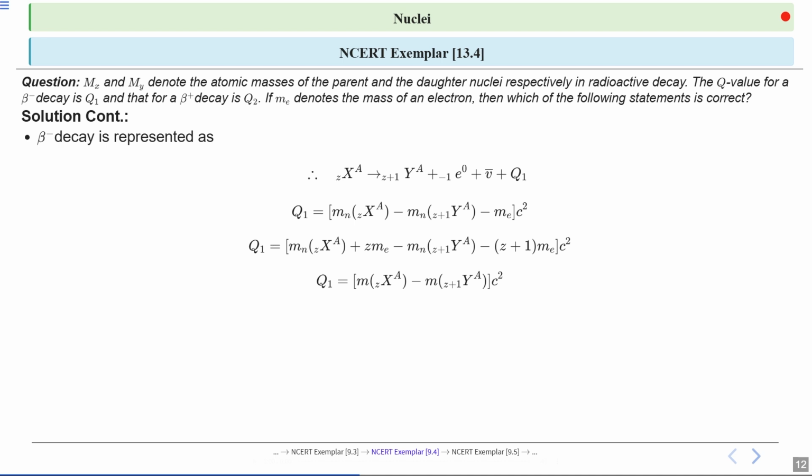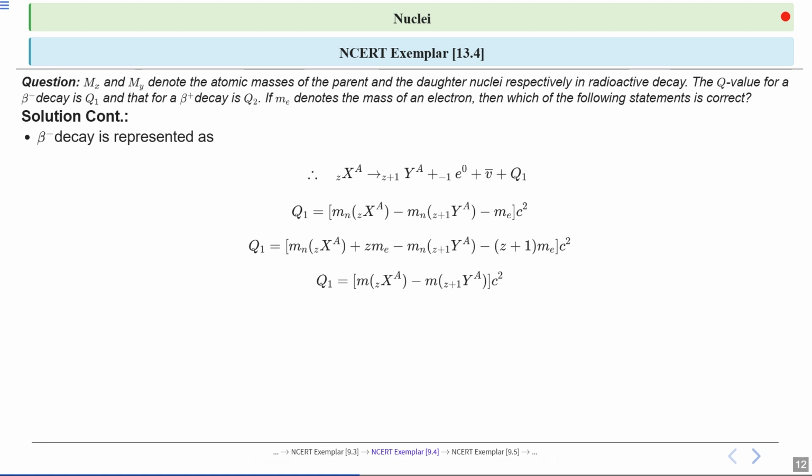So Q1 equal to, now this M is the mass of the parent atom, minus the mass of the daughter atom. Why are we considering the mass of the whole atom now? Because we have added the mass of electrons in the mass of nucleons.